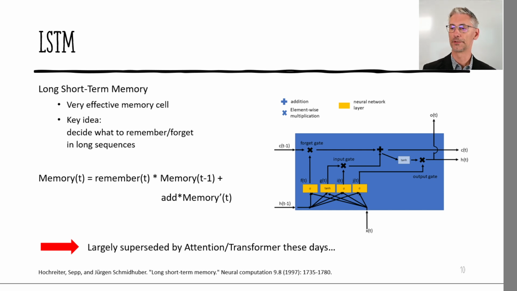You can see here on the right that such an LSTM cell is quite complex. You have many elements to go with this, right? And this is one building block that goes into this encoder and decoder. These LSTM cells are largely superseded by the attention transformer these days, but we need to understand how they work in principle before we can move on.